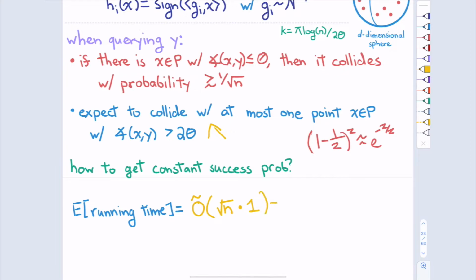Okay? So up to logarithmic factors, it's taking square root n time to find a near neighbor. All right, so somehow with this hashing trick, we can do much better than scanning the entire point set.